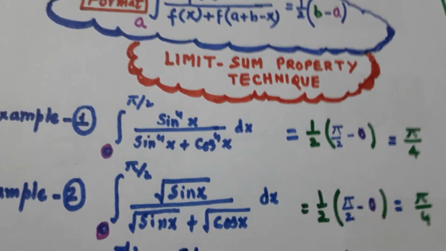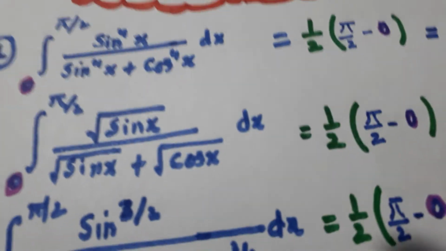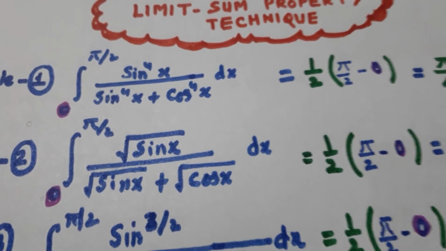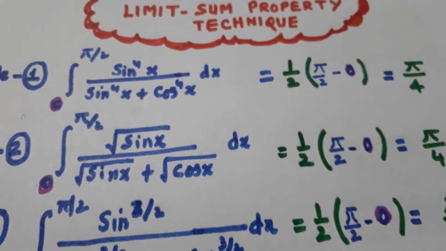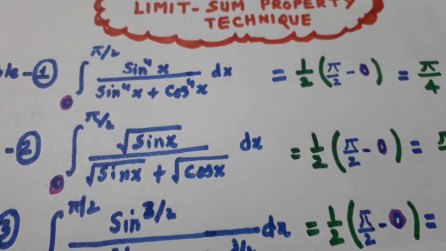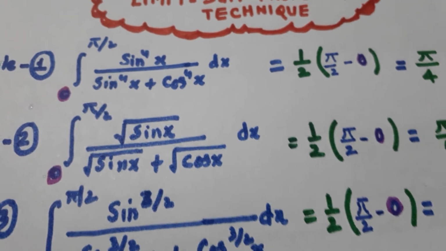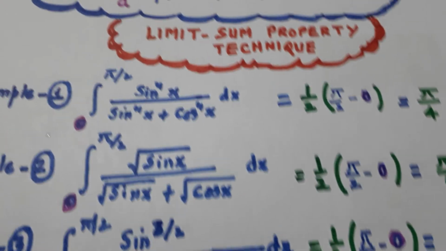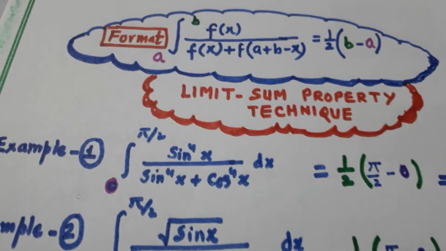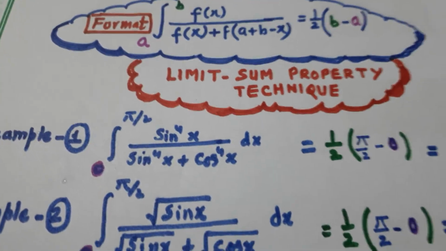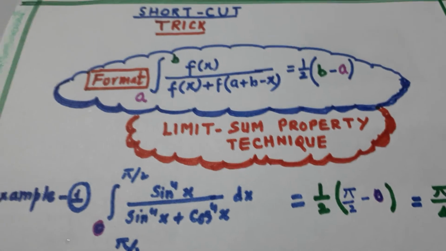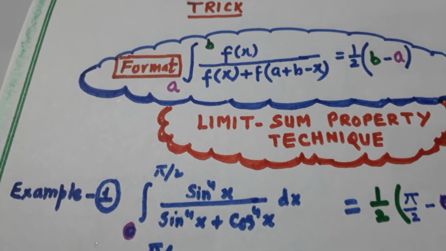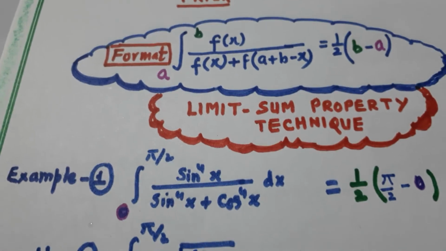Now look here. The first question is sin 4x over sin 4x plus cos 4x. If we apply the formula, f(x) is sin 4x, and below also f(x) is sin 4x.